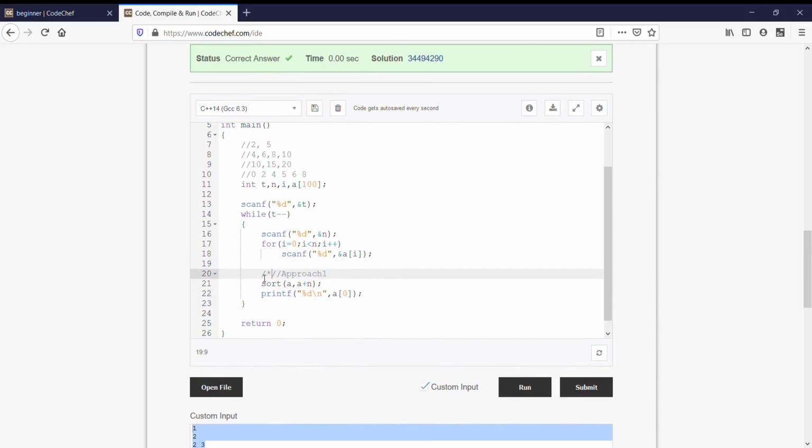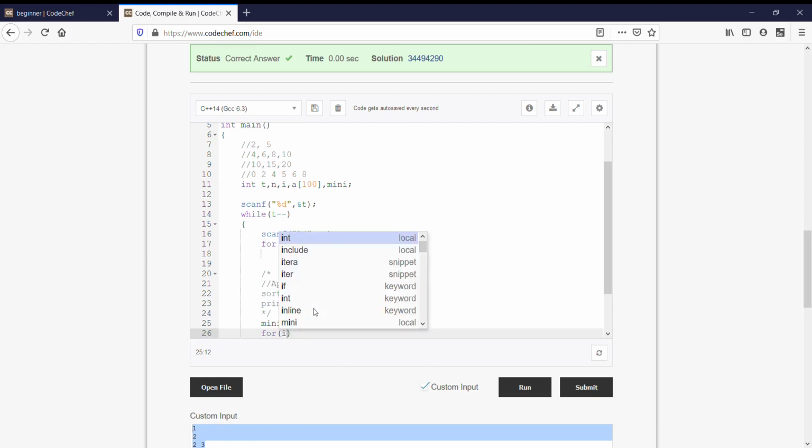So another approach is instead of having this sort function, even this sort function takes n log n complexity. Why? We just need to have the smallest number. So let us have a variable mini, which will first store the first element, which is a of 0.